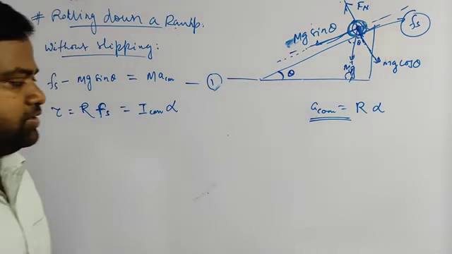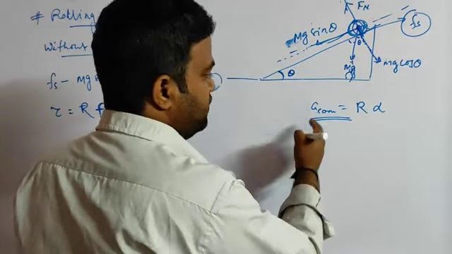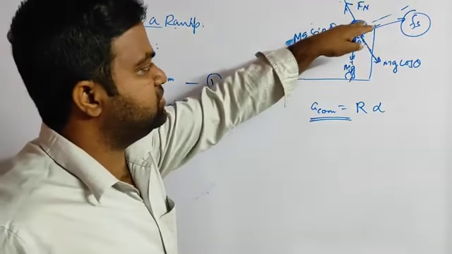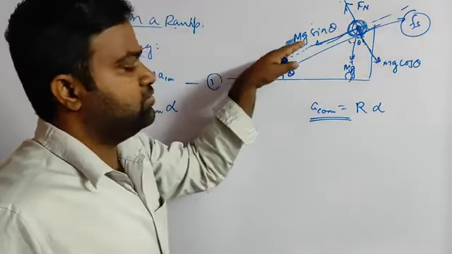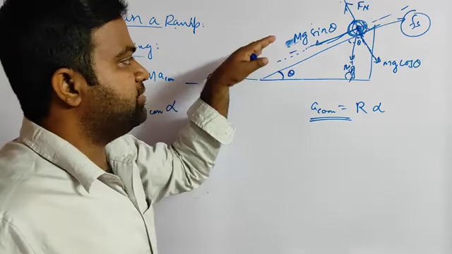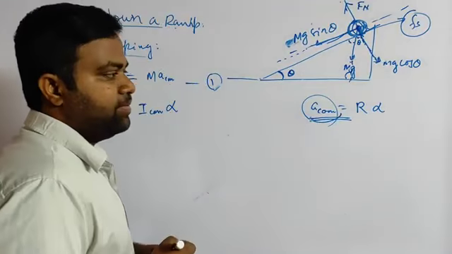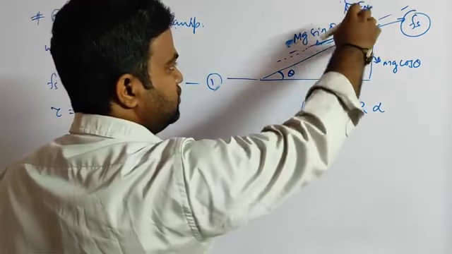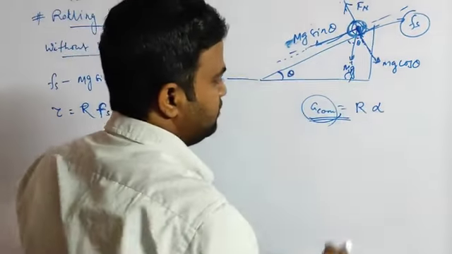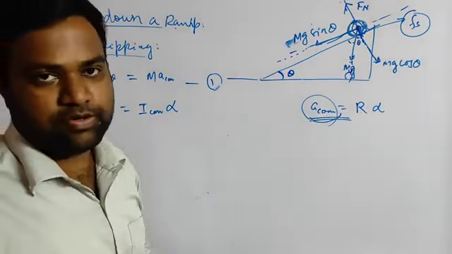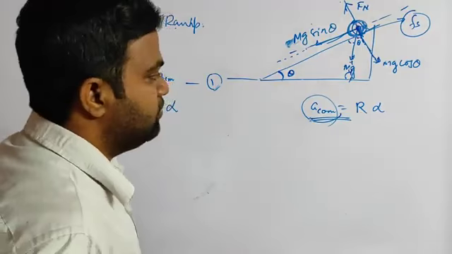Now this linear acceleration is taking place in the negative direction of the x. So we can write this acceleration as negative, and the motion is in anti-clockwise direction. For anti-clockwise we consider the angle as positive.